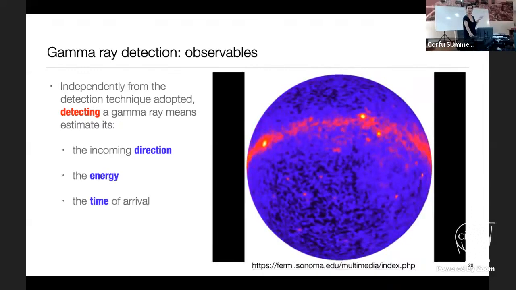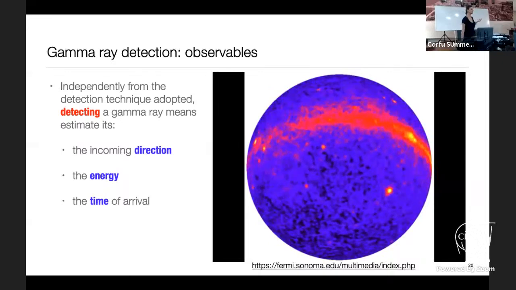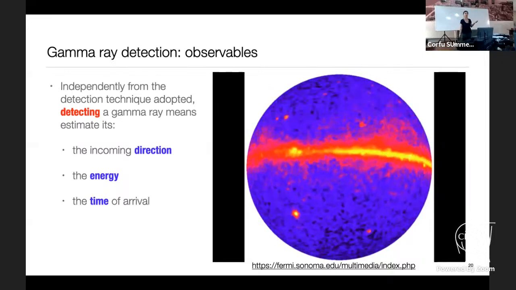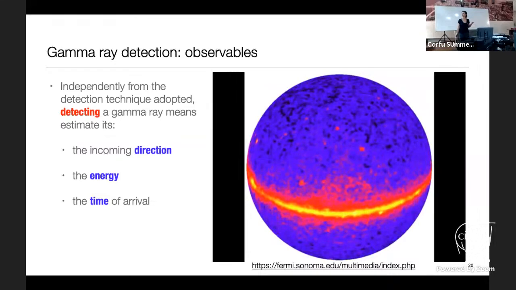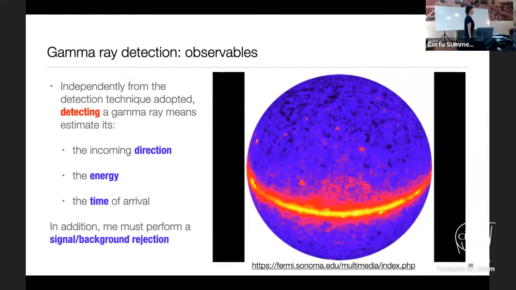Then you want to define the energy and the time. If you want to build a good detector, you must do all this with the best resolution possible. Also, you have another huge problem in gamma ray astrophysics, which is signal and background rejection. Every time you do a measurement in physics, you always have backgrounds, but in gamma ray astronomy this might be a really demanding task. What will be the background when trying to catch gamma rays?